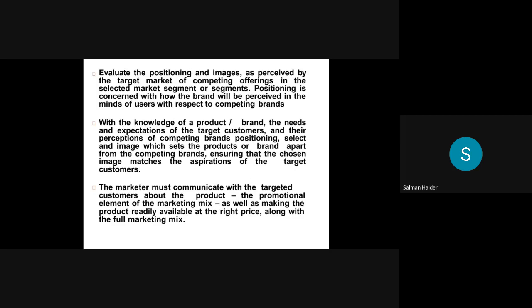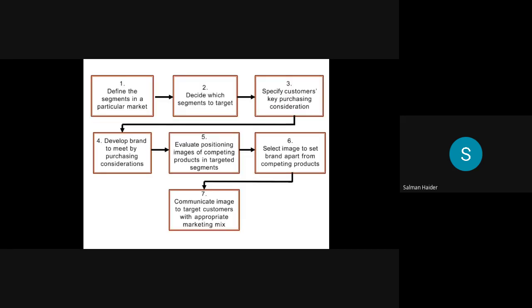इस केस में इवैल्यूएट द पोजिशनिंग एंड इमेजेस एज परसीव्ड बाय द टारगेट मार्केट ऑफ competing the offerings in the selected market segment. Positioning is concerned with how the brand will be perceived in the minds of the users with respect to the competing brands. The first and the foremost thing while we are doing a positioning of the product is we are defining the segments in the particular market.